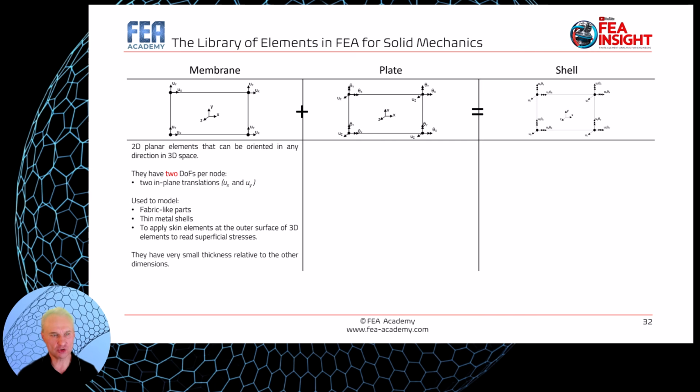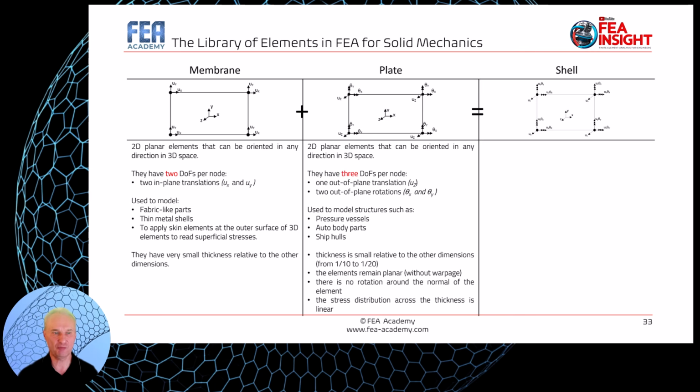They are used to model fabric-like parts, thin metal shells, or to apply skin elements at the outer surface of 3D elements in order to read superficial stresses. They have very small thickness relative to the other dimensions. So the membrane element can transmit only the in-plane translations.